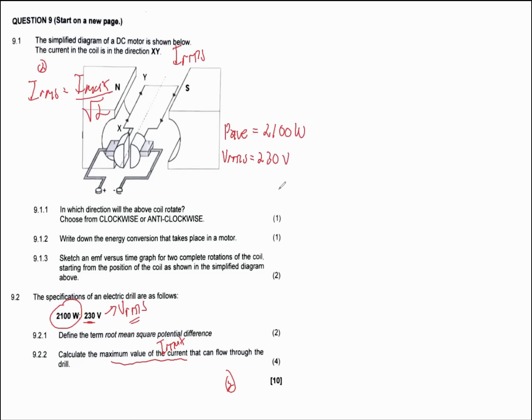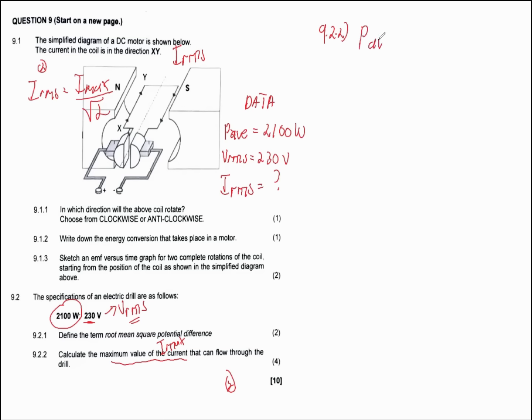So always note that if we are given specification for any electrical device, and they give you the voltage, that voltage is definitely the VRMS. And if they give you the current, that current is definitely the IRMS. So what are we looking for now? It's first the IRMS. Now looking at what we have here, what formula can we choose? So note how I go about choosing the formula. First, you collect the data and let the data decide for you.